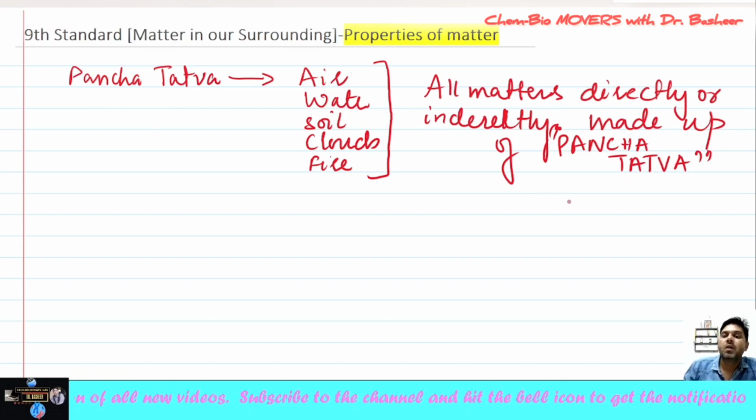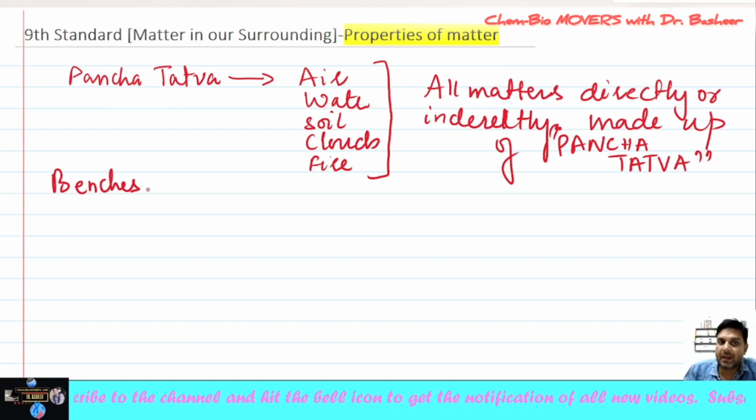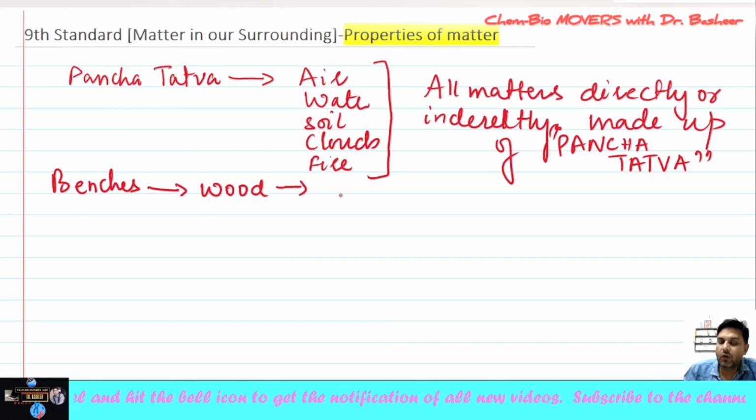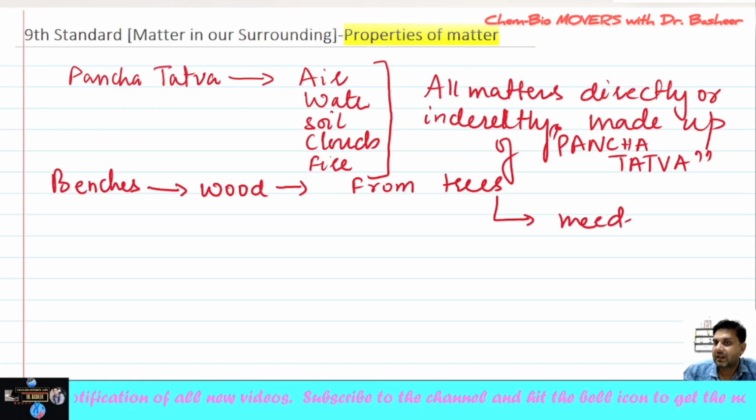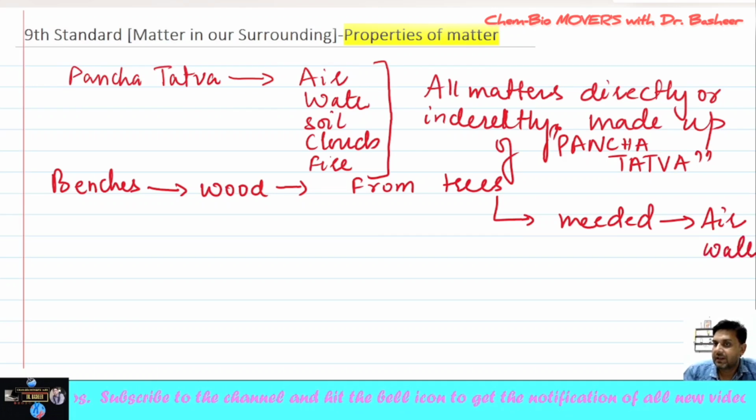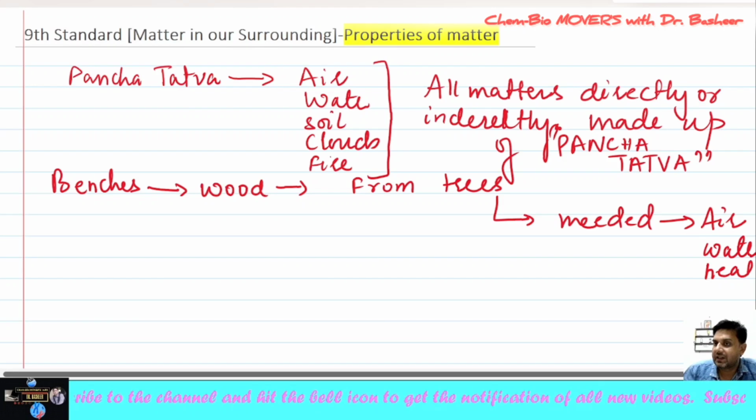Now, why? I'll give you one example. I have given one example about the benches. Benches are made up of wood, and wood comes from trees, and trees need air, water, heat, and soil.